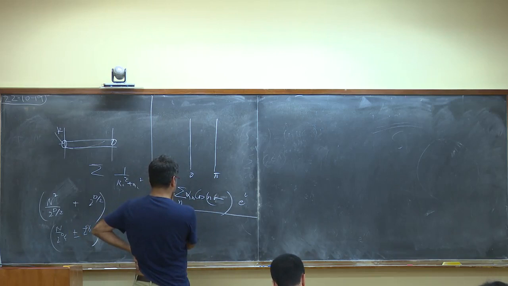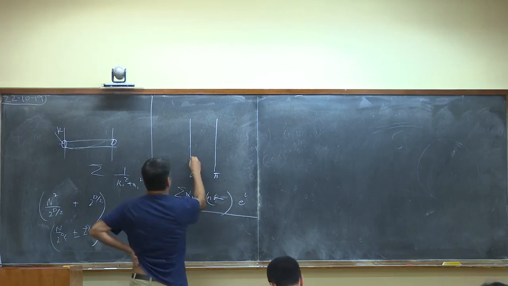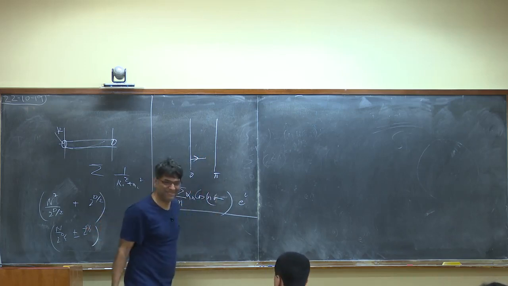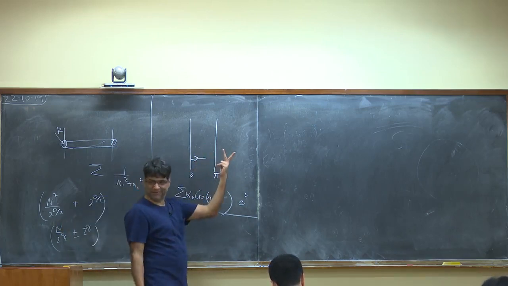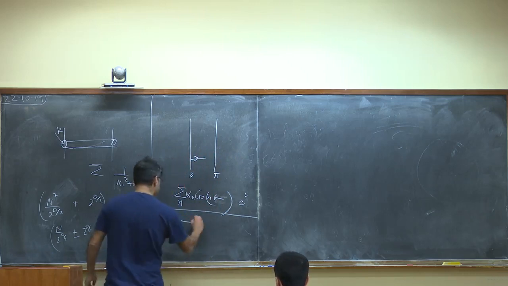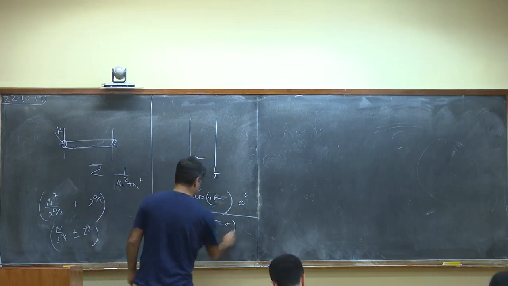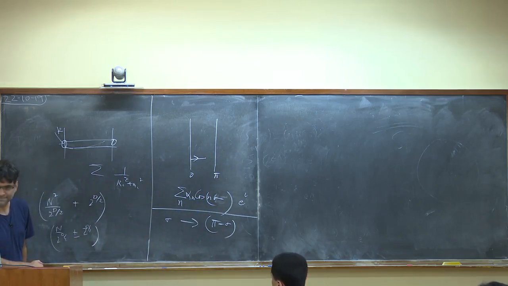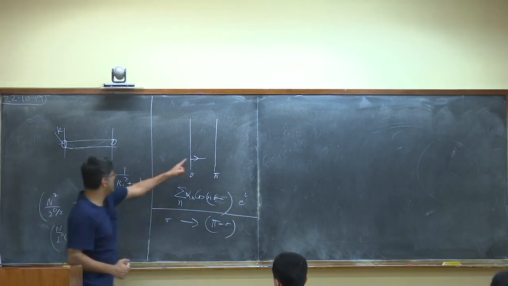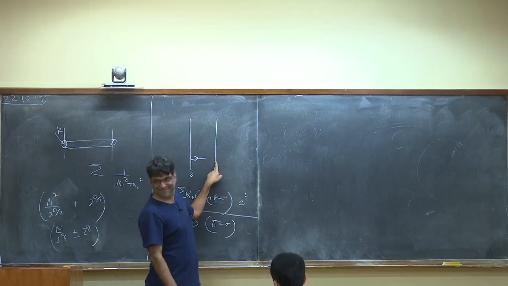Or more precisely, just a minute, sigma goes to pi minus sigma, because the thing that starts here should actually start here. So we're flipping this around. Sigma goes to pi minus sigma is the flip that we're talking about, so that this endpoint gets interchanged with this endpoint.